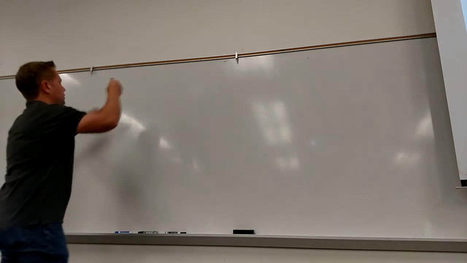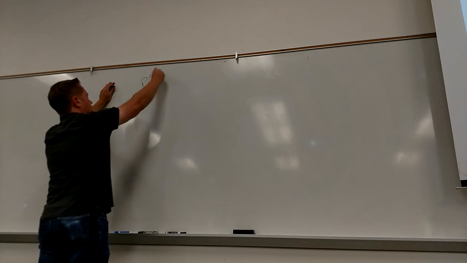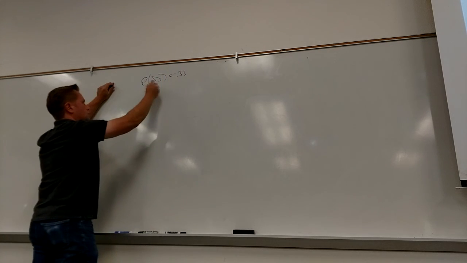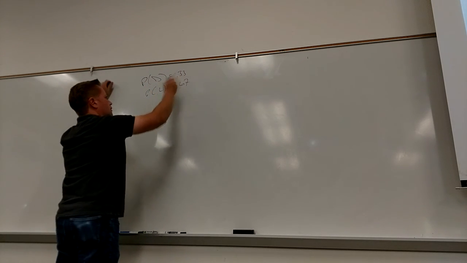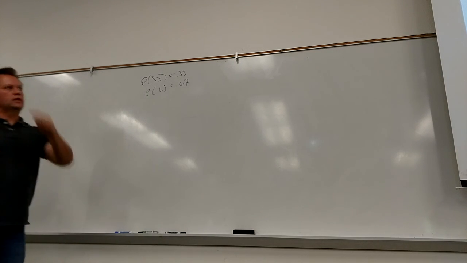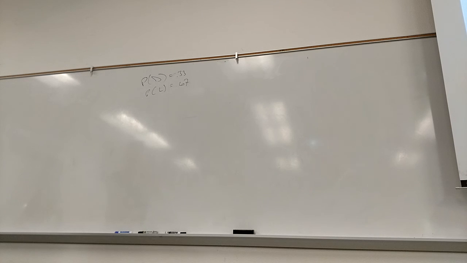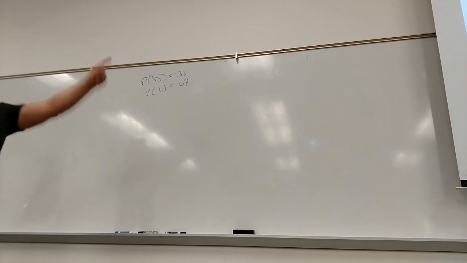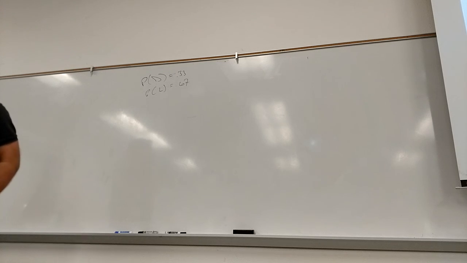So just to write some of this stuff down, the probability that somebody disliked it is 0.33. So the probability somebody liked it is 0.67. Is that cool? So I say the probability the first 2 disliked it and the third one liked it, right? That word but is kind of like a secret and.